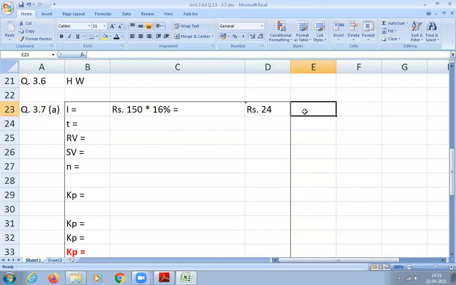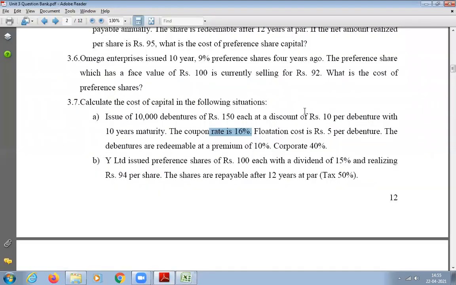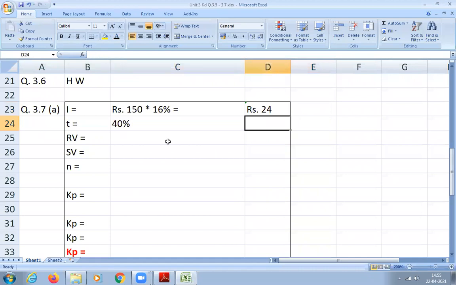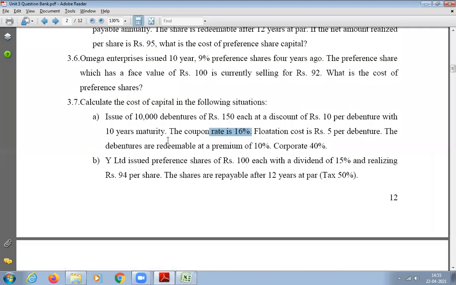And T is how much? 40%, that is 0.40. Next, RV, redemption. How is he redeeming, at a premium or discount? You see here, it's a premium. The debentures are redeemed at a premium of 10%.